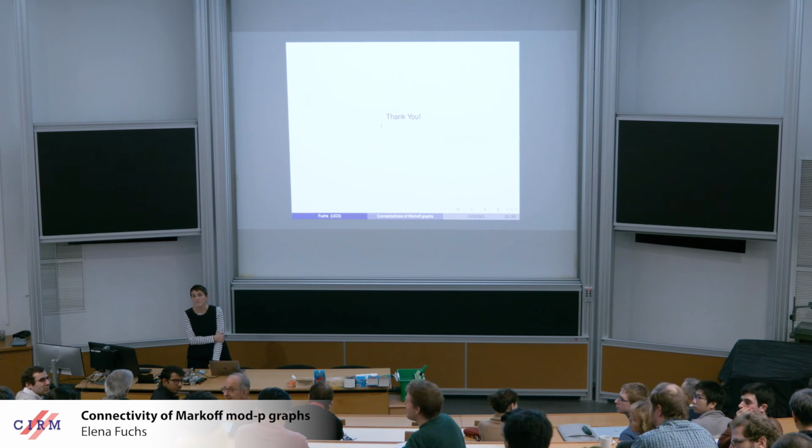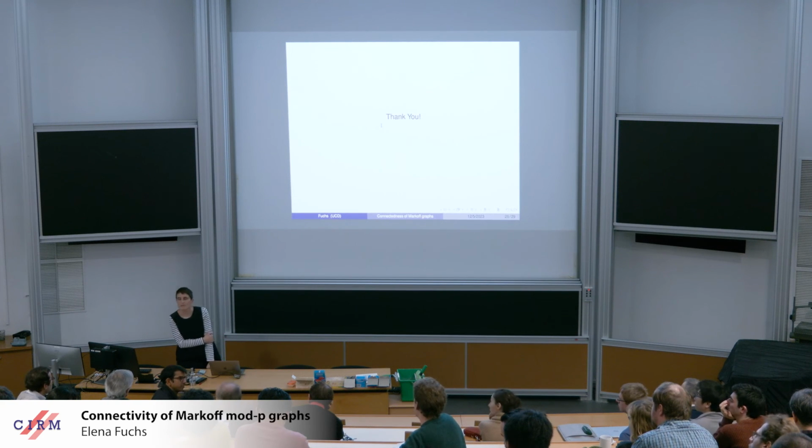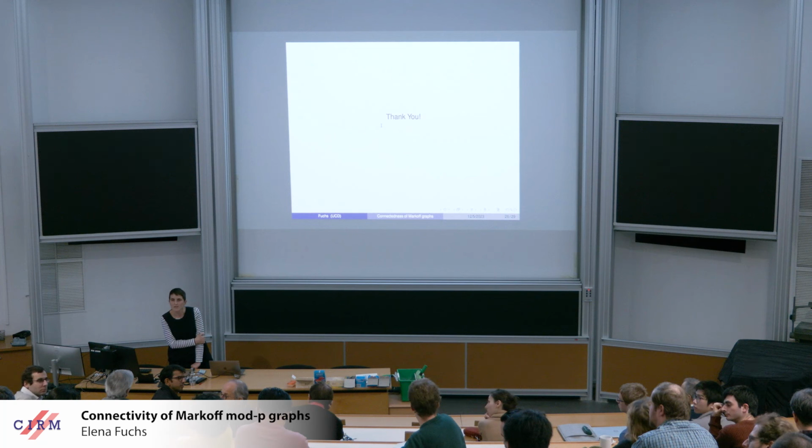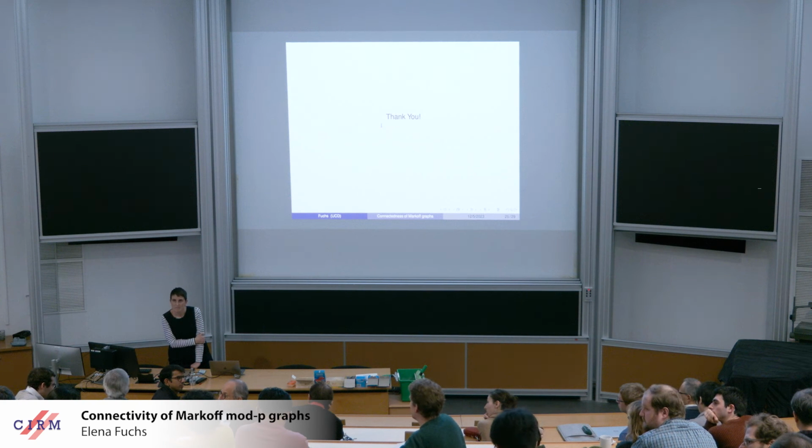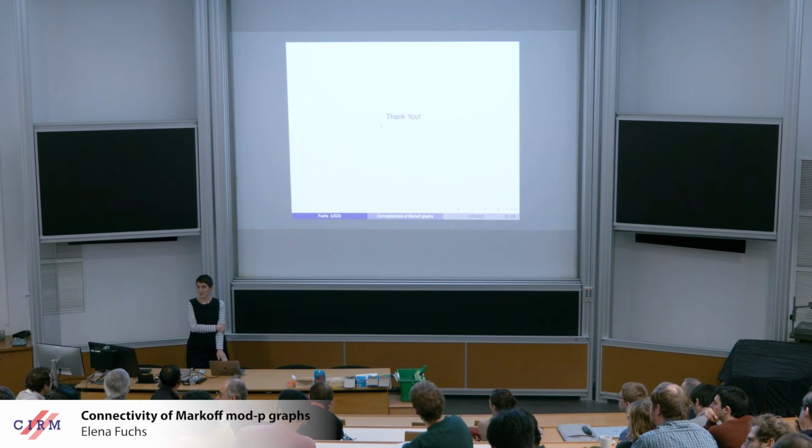So you say you don't know the answer to what you told us today. Wait, what was the question? If you take the Markov family, you don't know the answer to what? Oh, is the graph connected? Yes, it is known. Bourgain and Sarnak claim to have shown that.